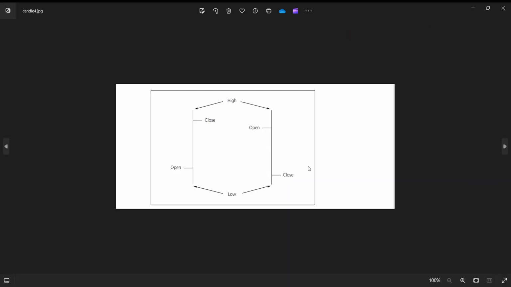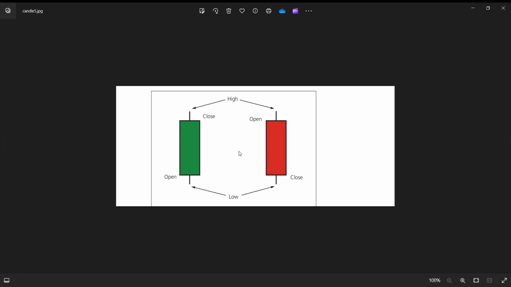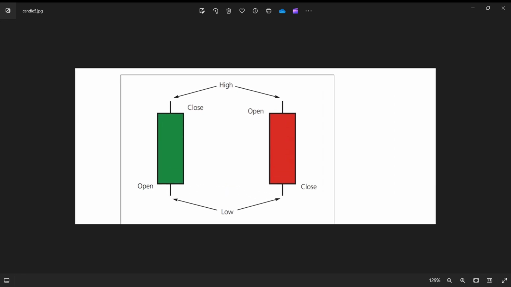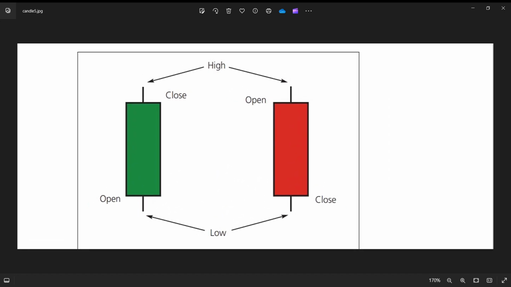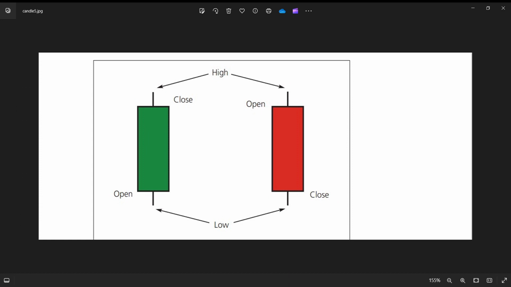All right, exactly like what I just showed you. Now, if you look at this slide, you will discover that it's the same diagram that I just showed you. Now, look up.